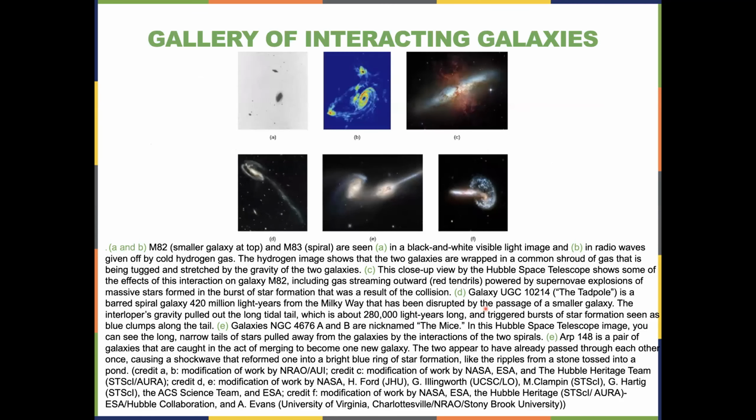And so galaxy interactions are sometimes observed through telescopes, and here are two such interactions. The first one is called M82 and M83, the other two galaxies. What you see here is a black and white image, and it's the same image right here as well, and this is also the same image.